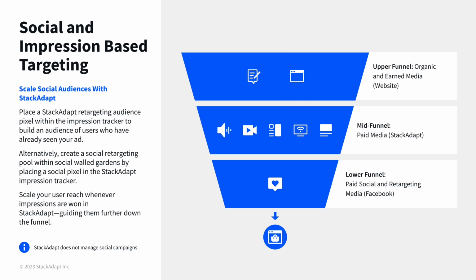We can, through a retargeting image pixel and upon consent, collect impressions that have been shown through StackAdapt and create a pool of users that you can then retarget through your social media campaigns. So this is a nice way to bring your programmatic and social media activity together.